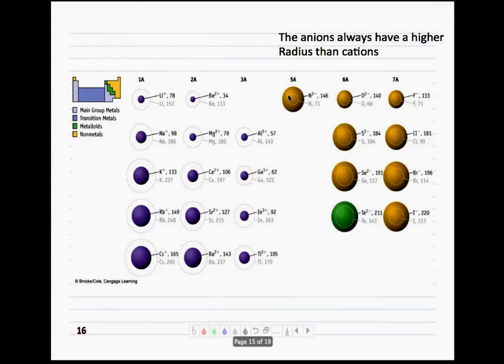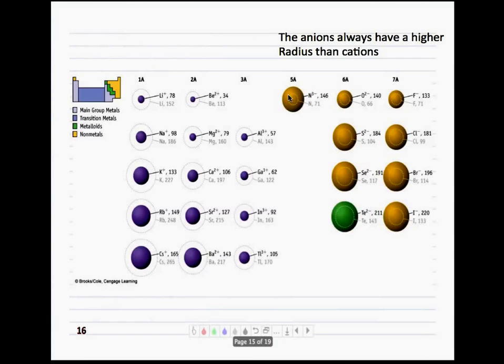So as you can see, fluoride has a bigger radius than beryllium 2 plus or lithium plus. Definitely N3 minus has a bigger radius than beryllium 2 plus and lithium plus. O2 minus, the oxide, also has a bigger radius compared to those of the cations.